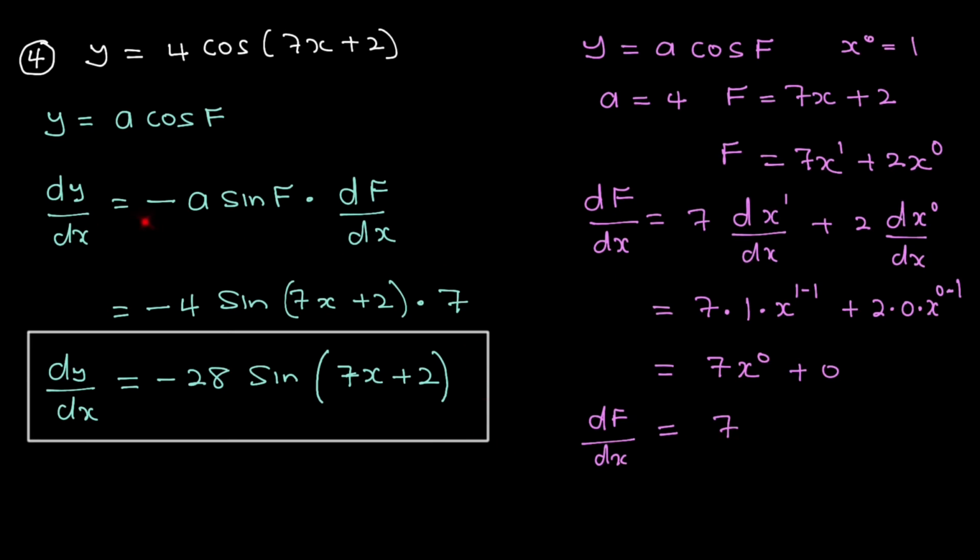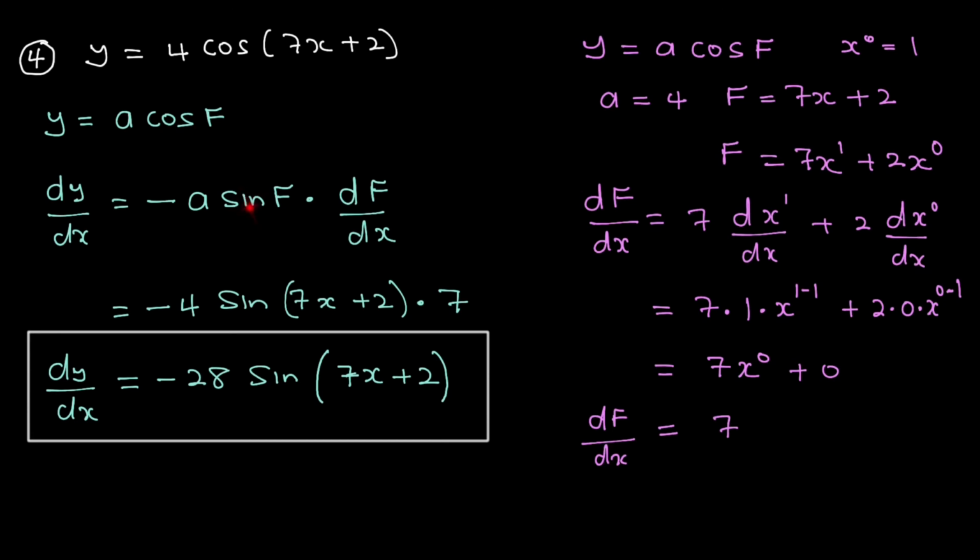So now I need to bring it here and put it there. Now if I differentiate cos f, I get minus sine f. But I know what f is. f is that, so I'm just going to replace it there. So I'm going to get minus 4 because a is 4, and the minus is coming because I'm differentiating cos.